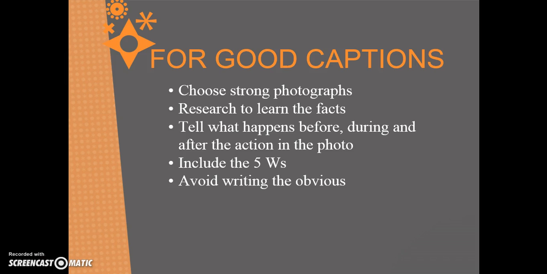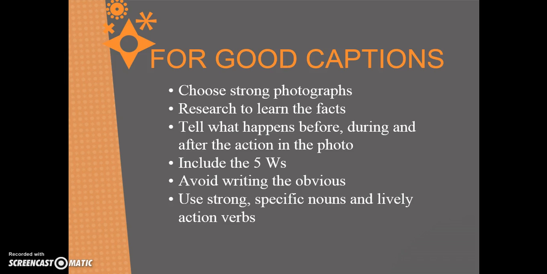Avoid writing the obvious. Remember, we've talked about that before. Avoid stating the obvious, like so-and-so jumps over a hurdle. Use strong specific nouns and lively action verbs. You want to write so that people want to read it or keep reading. And it grabs your attention with verbal and visual lead-ins.